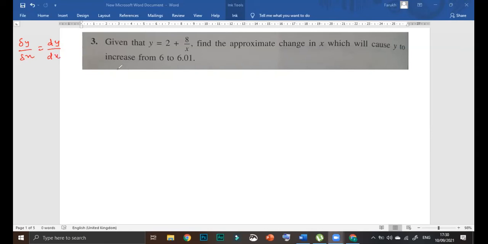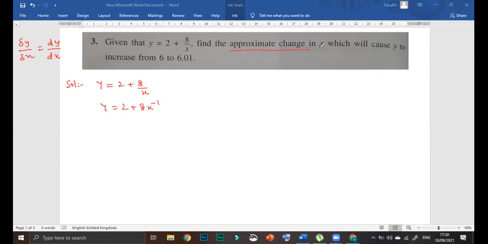Now in this question, we have given that y is equal to 2 plus 8 over x. We will simplify this one, y is equal to 2 plus 8x power minus 1.